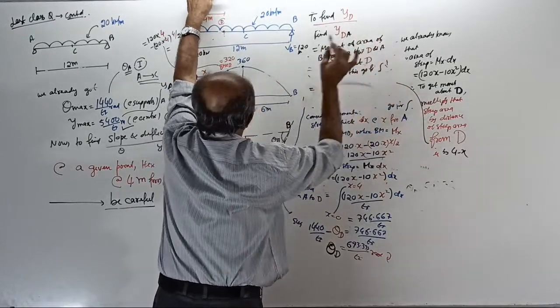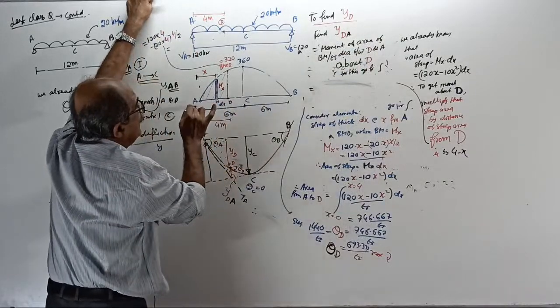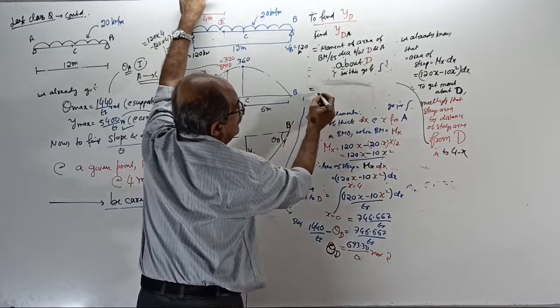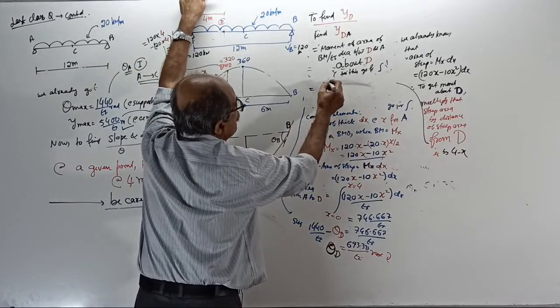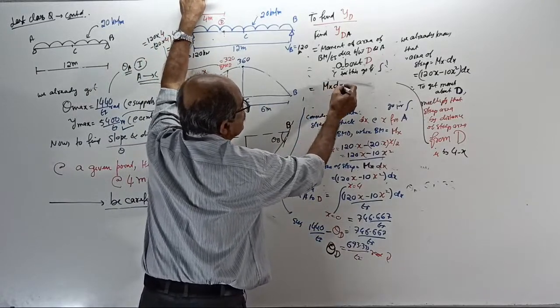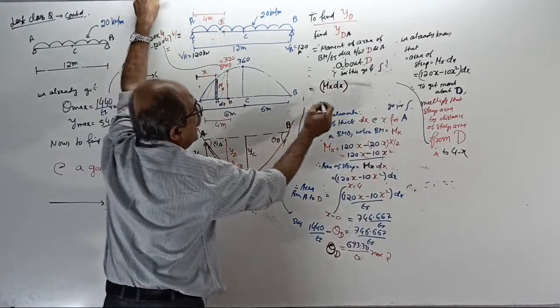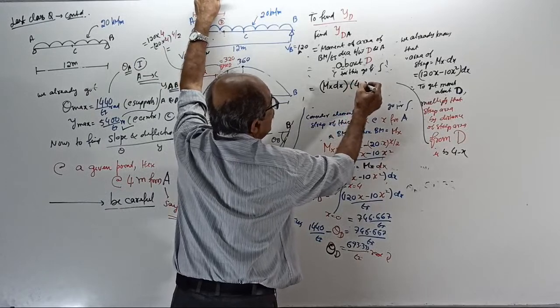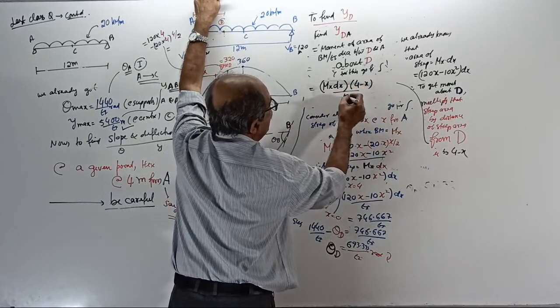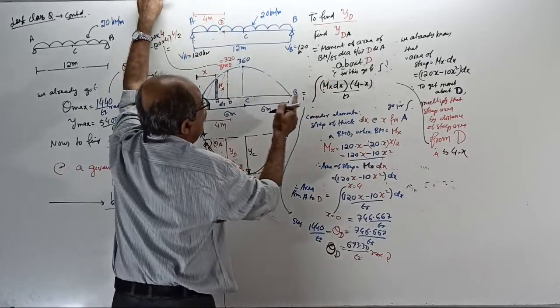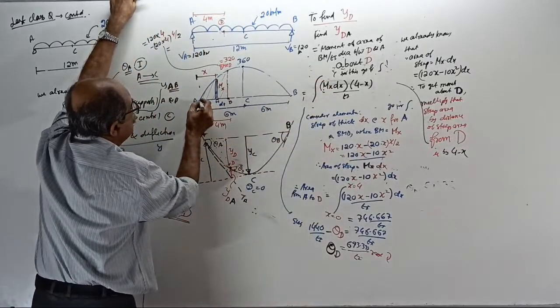the moment of the area of the BM by EI diagram between D and A about D equals, the strip area is mx dx, into 4 minus x, by EI. Now remember, x is from A. I want to cover the area from here to here.